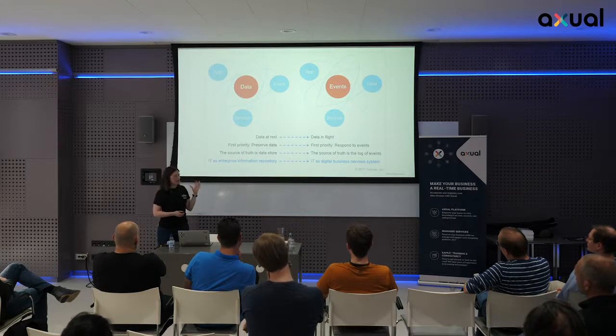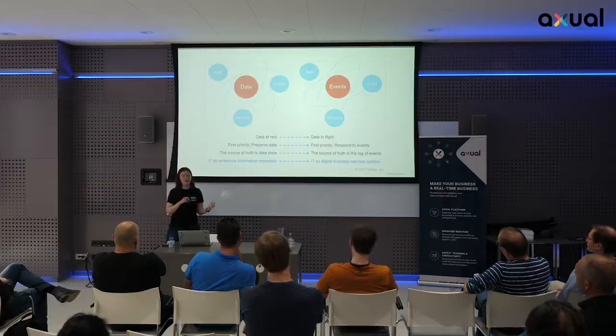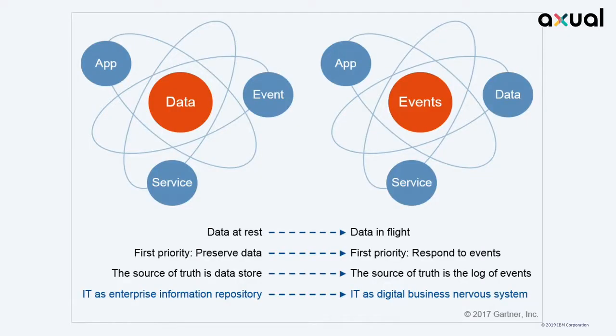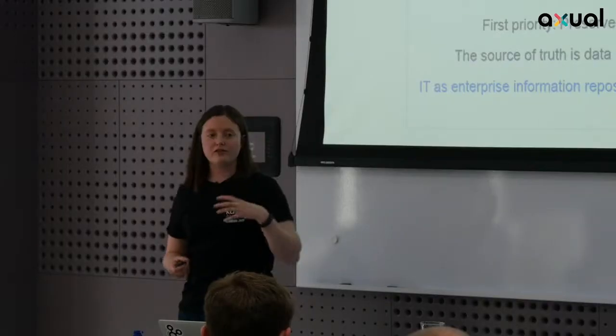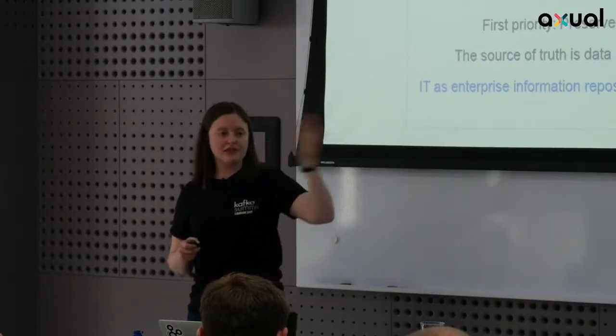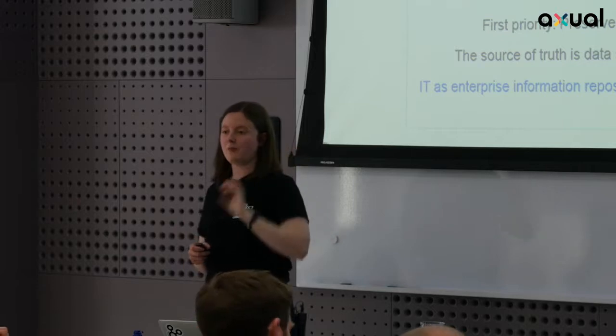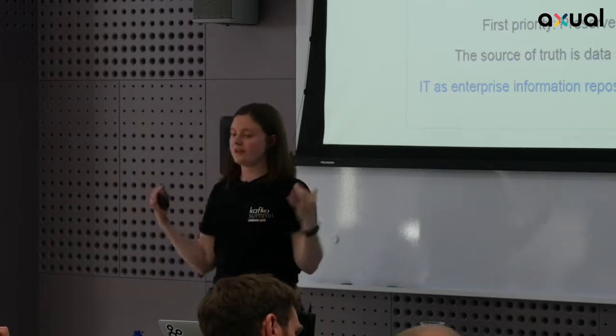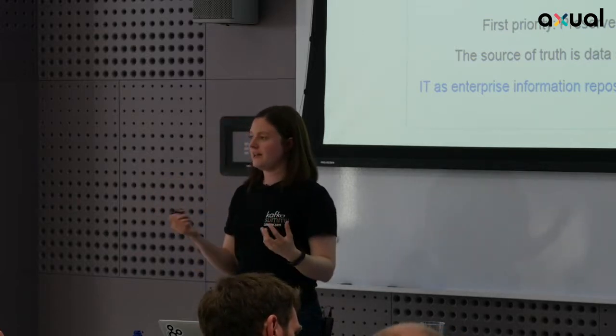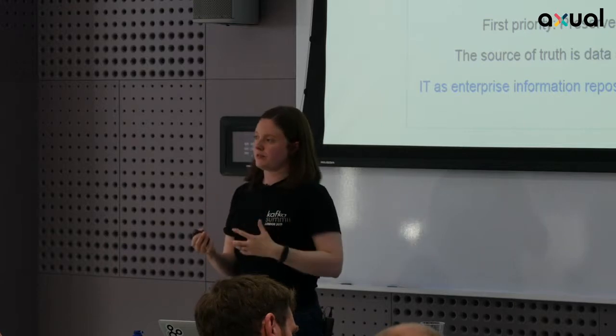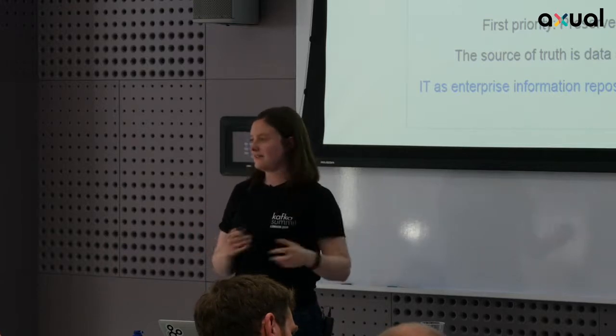So we've got our Kubernetes, but at the same time, we've been having this shift from being data-centric to event-centric. And because we're at a Kafka meetup, a lot of you will probably be familiar with this shift that people are starting to look at. Rather than focusing everything on having individual databases per microservice, people are saying, actually, I still want a common view of the world, and I don't want to be responding to something that happened yesterday or last week.